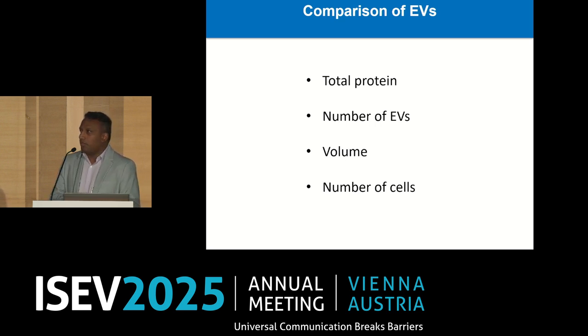And you can also normalize by the number of live cells that you're getting the EVs from, especially when you're trying to do a knockout of a protein and then trying to understand what happens to the particular cargo of the EVs after the knockout. You predominantly can rely on the number of cells just to study how many EVs are produced, whether there is any perturbation in the release of EVs after the knockout of a particular protein.